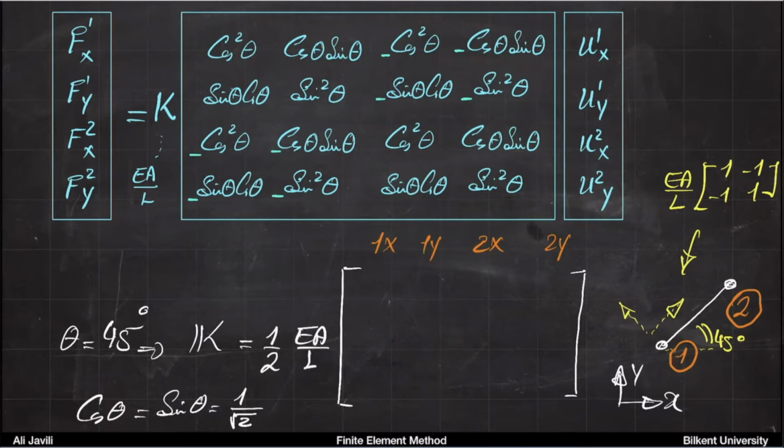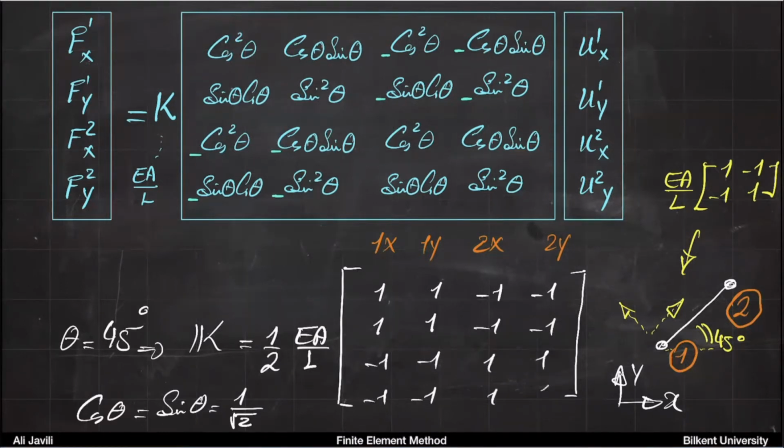And then basically you would have 1, 1, 1, 1, minus 1, minus 1, minus 1, minus 1, minus 1, minus 1, minus 1, minus 1, 1, 1, 1, 1. Okay, so this would be your stiffness matrix of that element. All right, which again, it kind of makes sense.